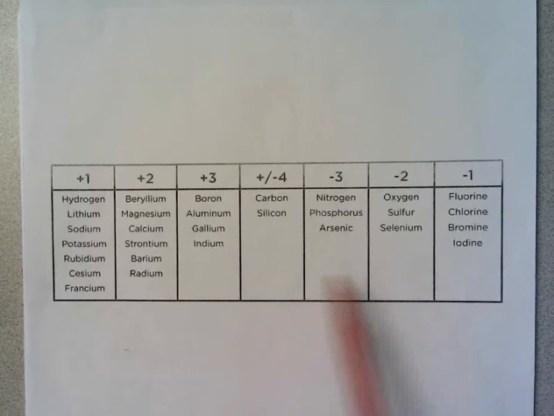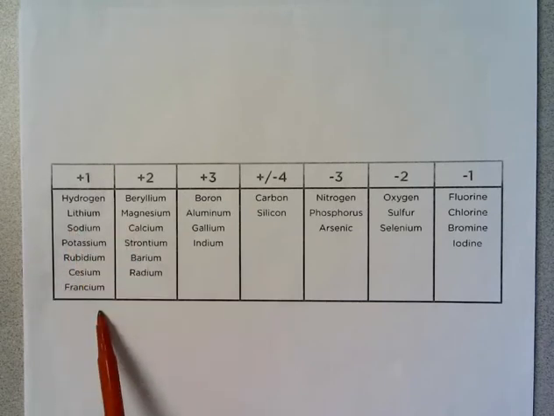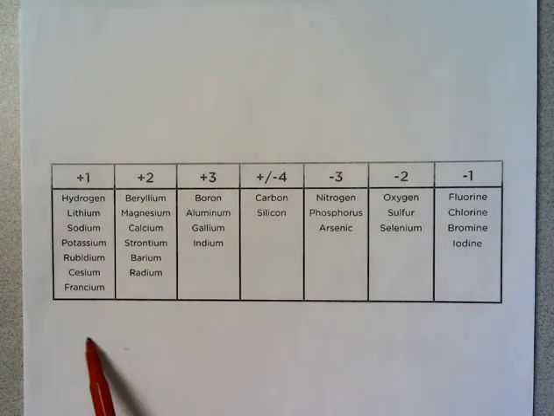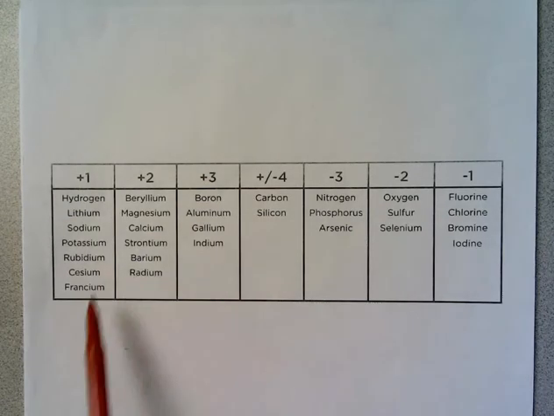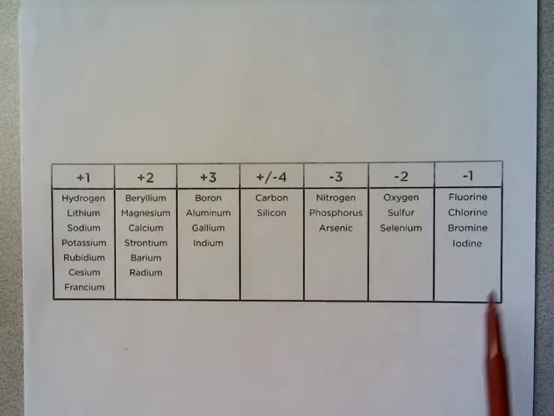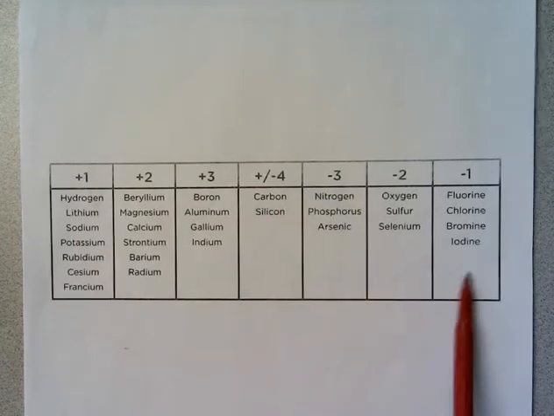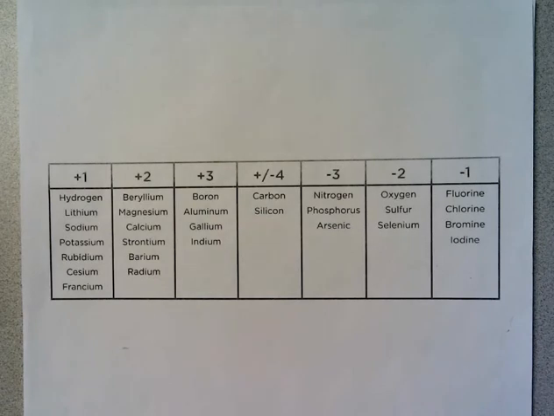So here is a list, and this list can be found in PLP, and I believe it's found in lesson 49, I'm sure it's lesson 50 if not 49 as well. You can find this chart and it tells you the different elements and their oxidation numbers. This is going to be important, and you're going to need this when doing what we're about to do now, the crisscross method.